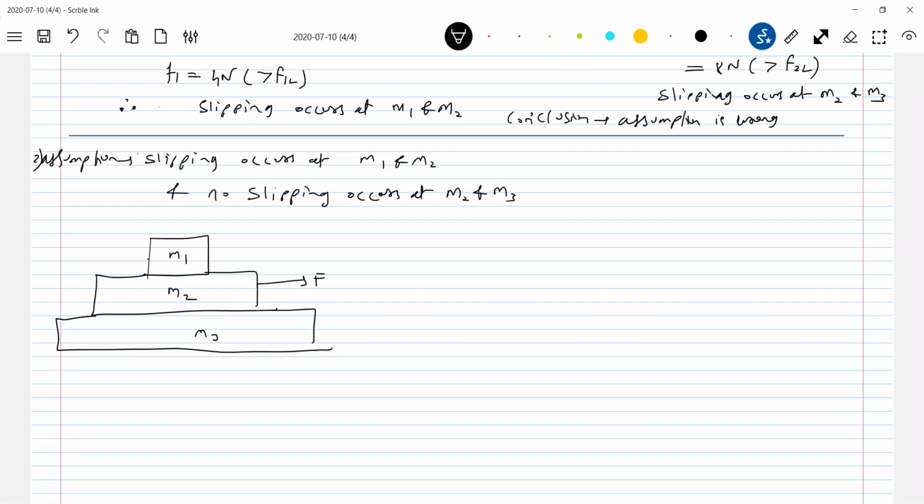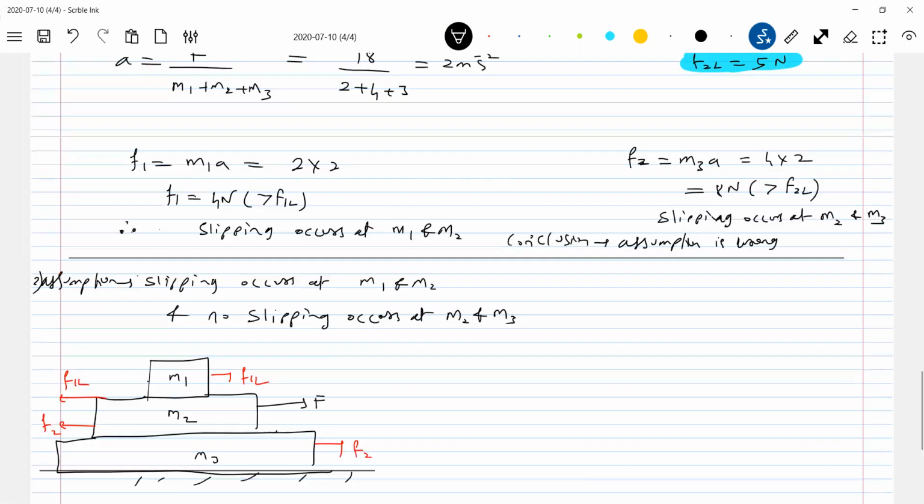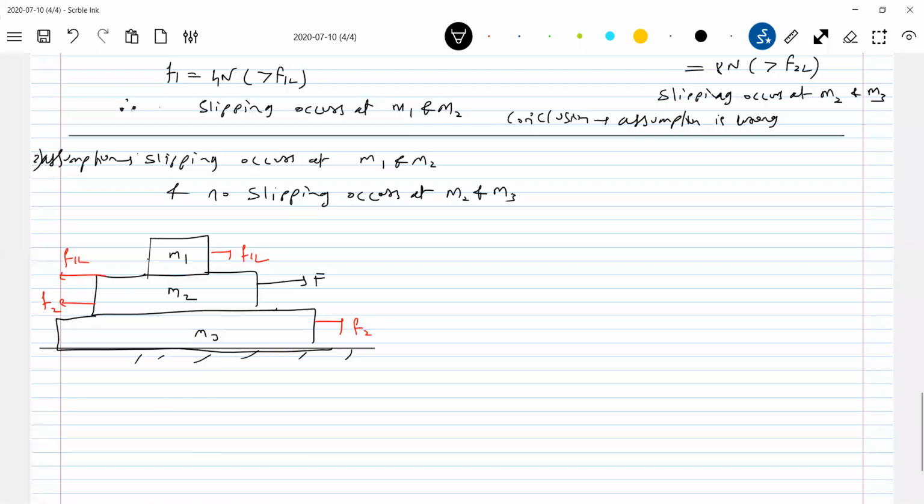So here slipping occurs, therefore I write F1L. No slipping occurs, F2. We know F1L is 2 Newton. So F1L equals M1 A1, the acceleration of this block being A1.